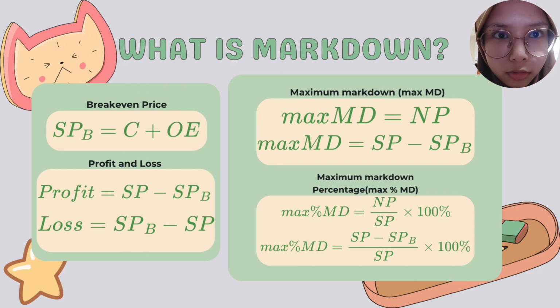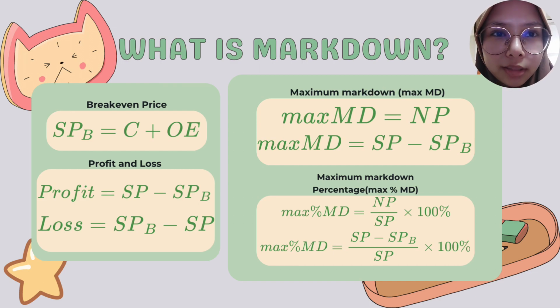Then the maximum markdown is equal to net profit. To find the maximum markdown, we need to minus selling price with selling price break even.